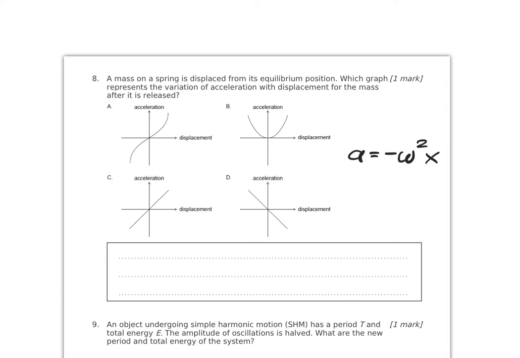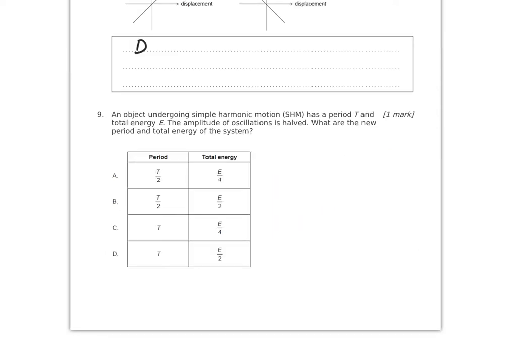So I know that acceleration versus displacement is going to be linear, and so that automatically eliminates choices A and B. I also know that the acceleration is negative whatever the displacement is, so if I have a positive displacement, the acceleration is negative. If I have a negative displacement, the acceleration is positive. What does that leave us with? Choice D.